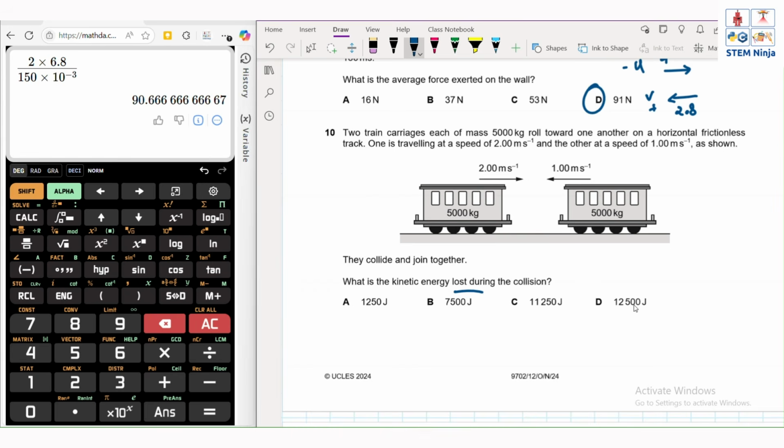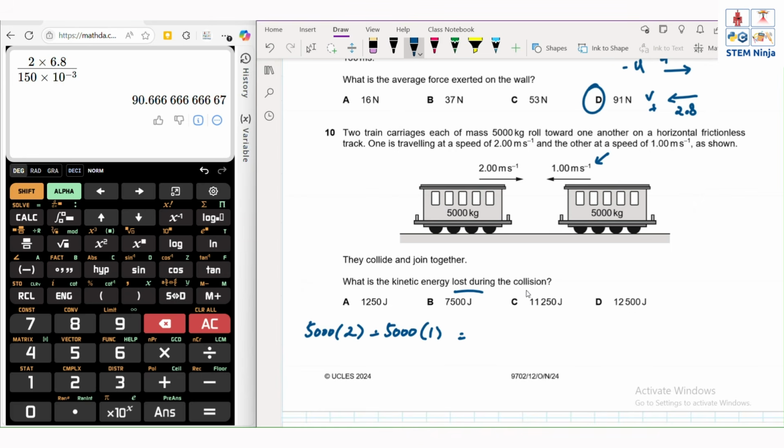So how we can do this is to figure out what's the velocity after the collision. So we apply the principle of conservation of momentum. So total momentum before collision, that is 5,000 times 2 minus, because this is going in opposite direction, 5,000 times 1.